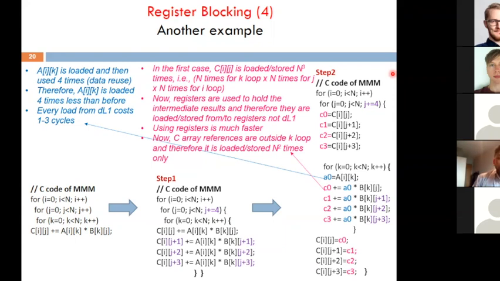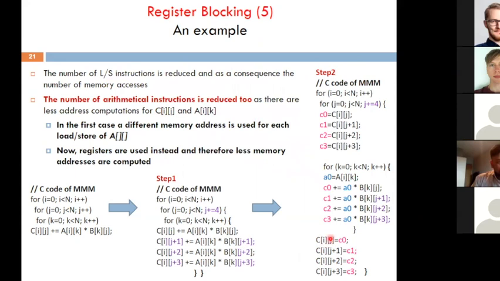Apart from this, there is another benefit of using register blocking on this code. It is also minimizing the number of arithmetical instructions. For example, we can see here that every time arithmetical instruction is reduced, as less address computation is happening. Before, different memory addresses were used for each load and store instruction, so it was computing the memory address alongside the load and store.